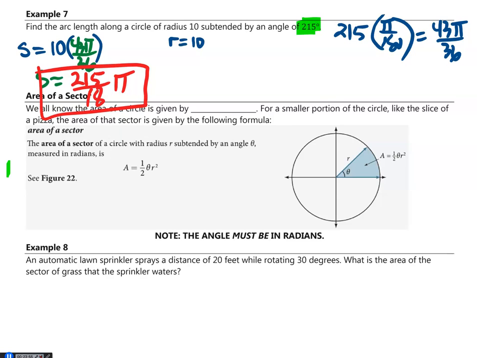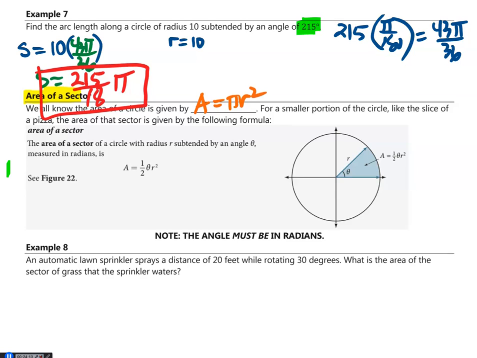Okay, next, area of a sector. We all know that the area of a circle is given by pi r squared.